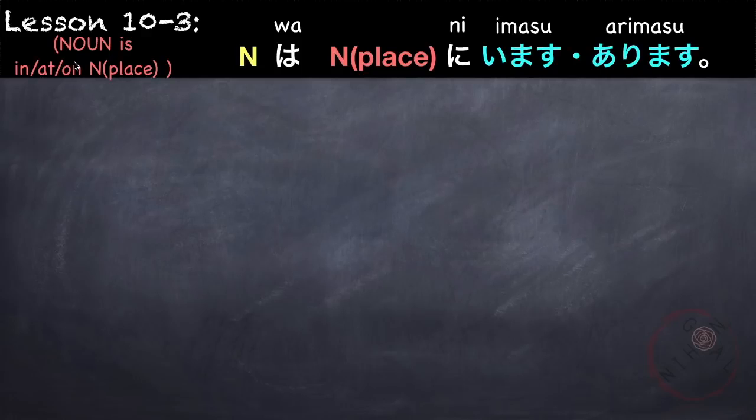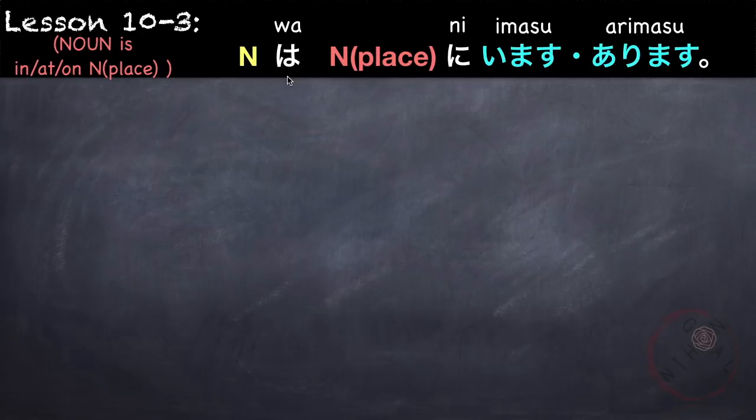Next, how to say a noun is in, at, or on a place. So we use the pattern noun wa, place ni imasu or arimasu. Now, the noun is our topic.